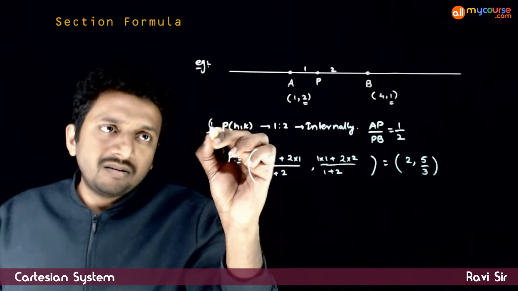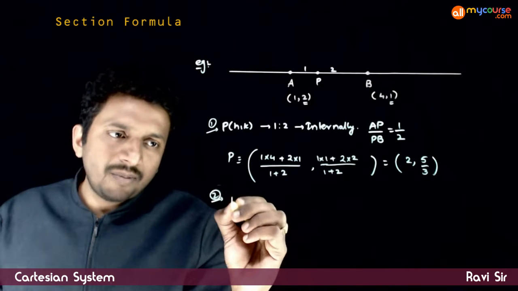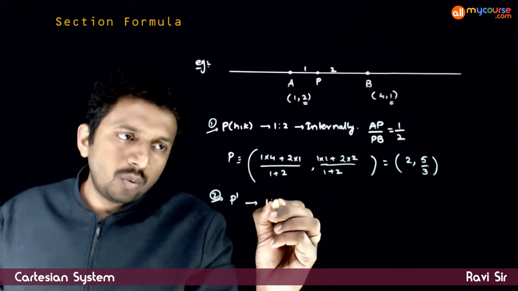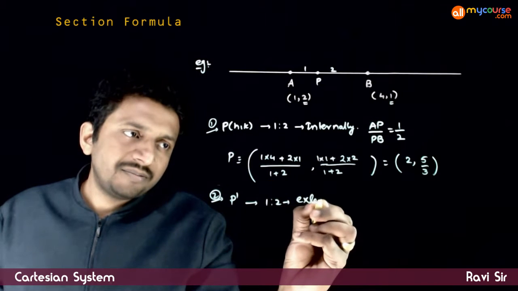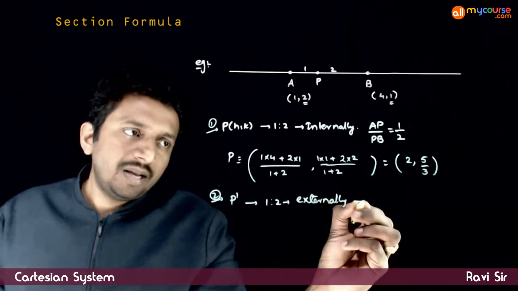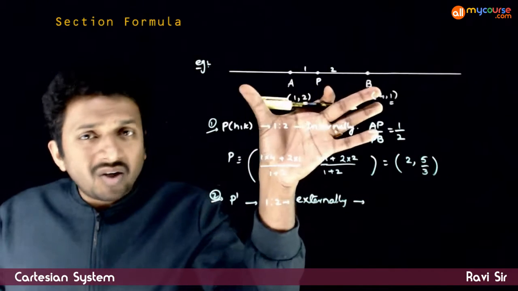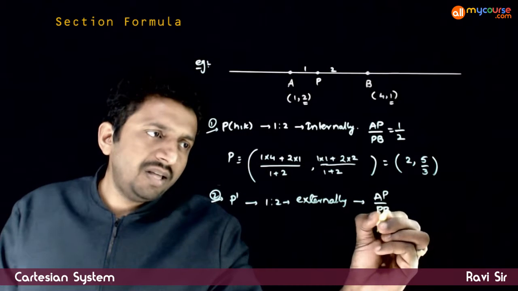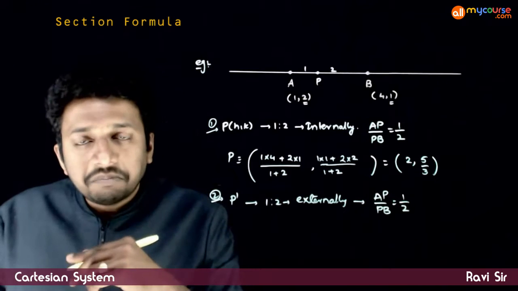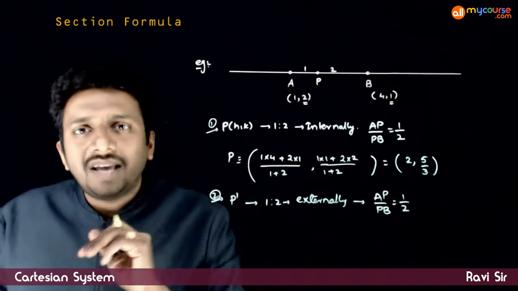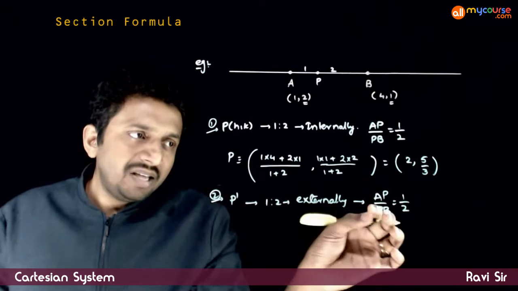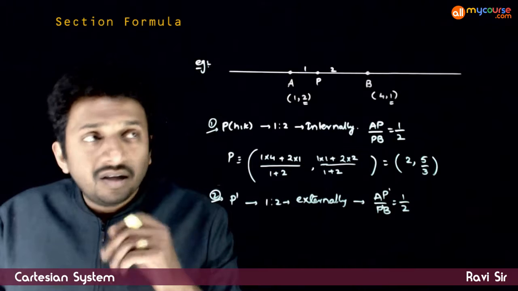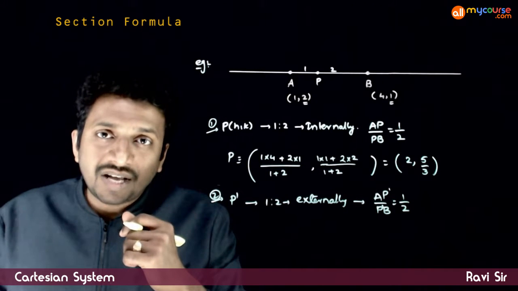Now, next, if I want a point P dash which divides AB in the ratio 1:2 externally, that means again I want a point on this line AB such that AP by PB is equal to 1 by 2, but P should not lie inside the line segment AB. Where do you think P dash has to lie?